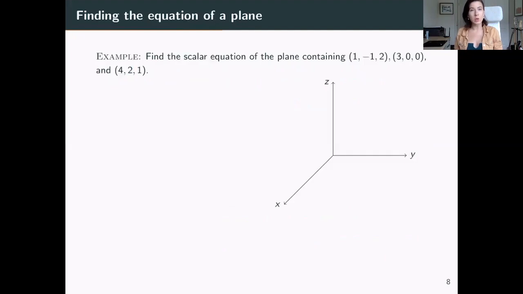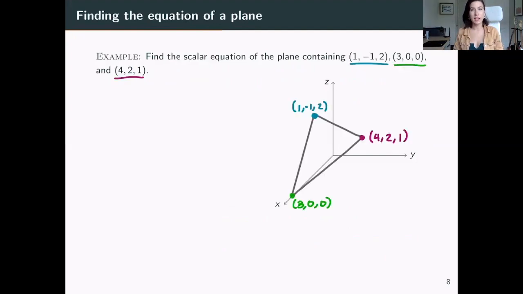In this example, we are starting off with 3 points, which are always going to define a plane. 2 points always define a line. 3 points will always define a plane. Let's see how that works. To save some time, I've gone ahead and plotted the 3 points in question into the 3-dimensional coordinate axes to give us an idea of what we have.